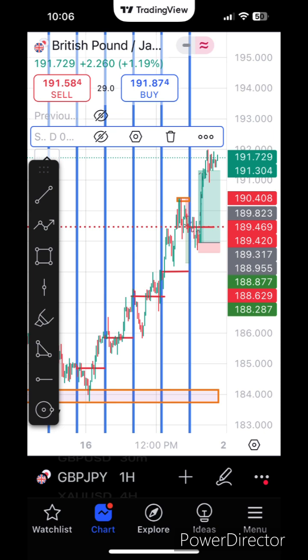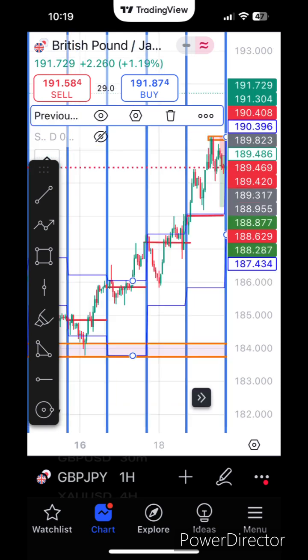Now you can see, well, I guess we'll talk about that here in just a moment. I just wanted you to see these blue horizontal lines that are now on the chart represent the previous day's high and low. So on Monday the 16th, the previous Friday's high and low are represented by those two blue horizontal lines.